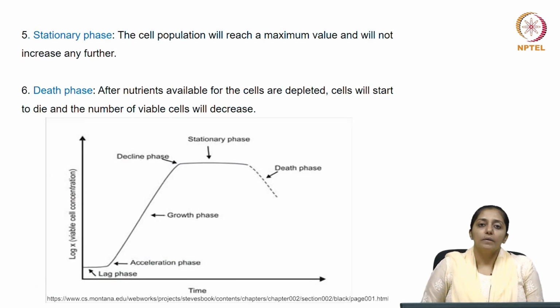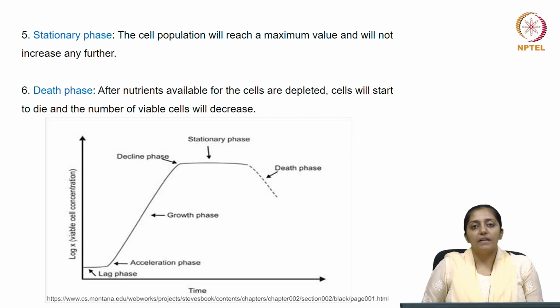Finally, when all the substrate has been depleted, nearly completely, the cell stops dividing. The cell population will reach its maximum value, and there is no increase in cell number thereafter.